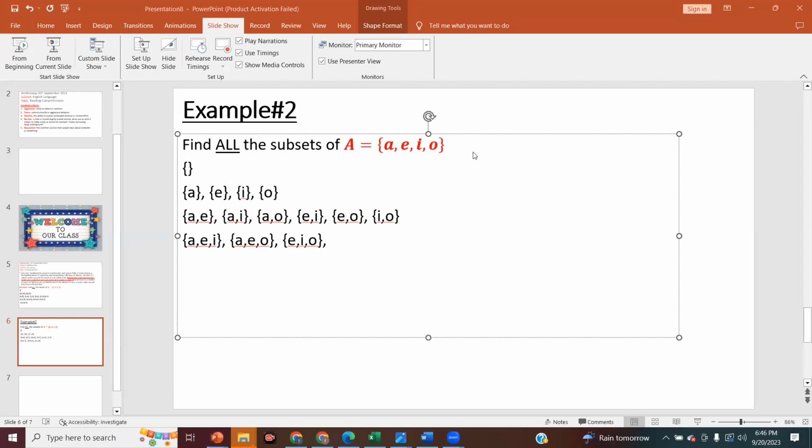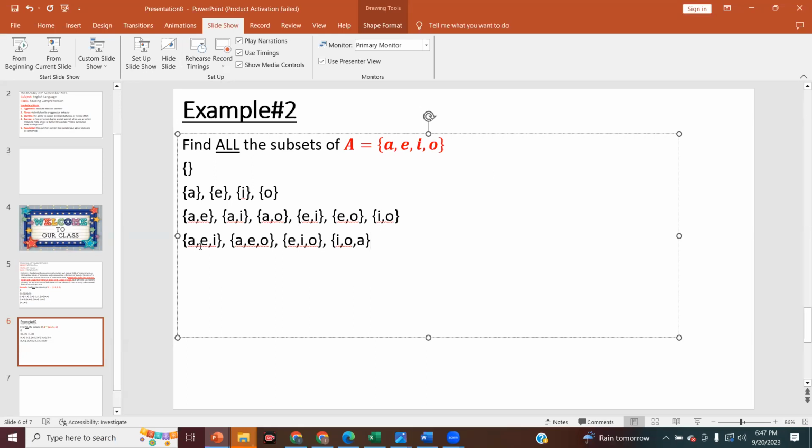No. We can't do E, I, A because we already have that one. So you have to go to I, O, A. So it's going to be I, comma, O, comma, A, all right? Does that make sense?